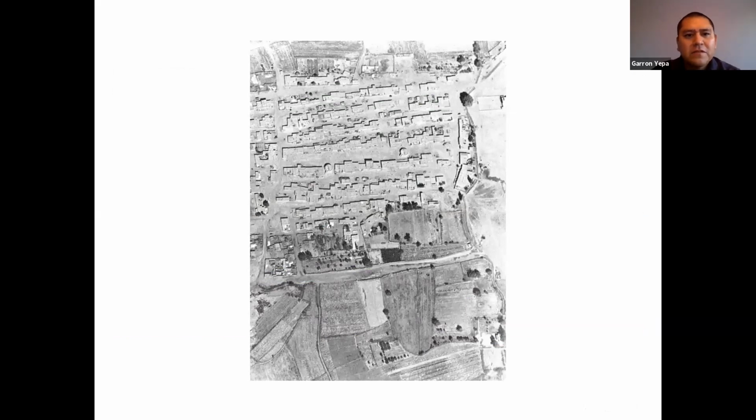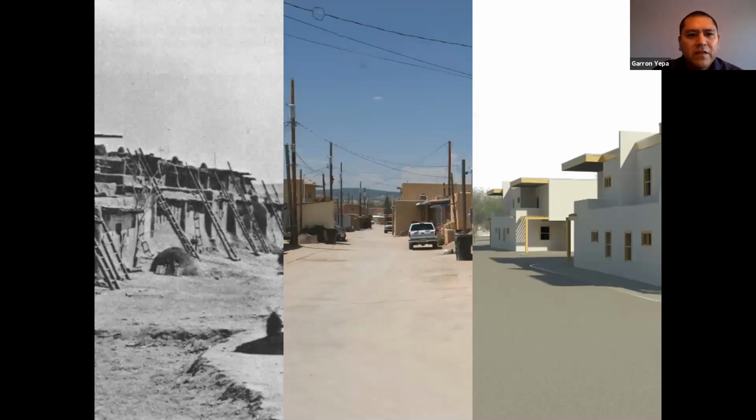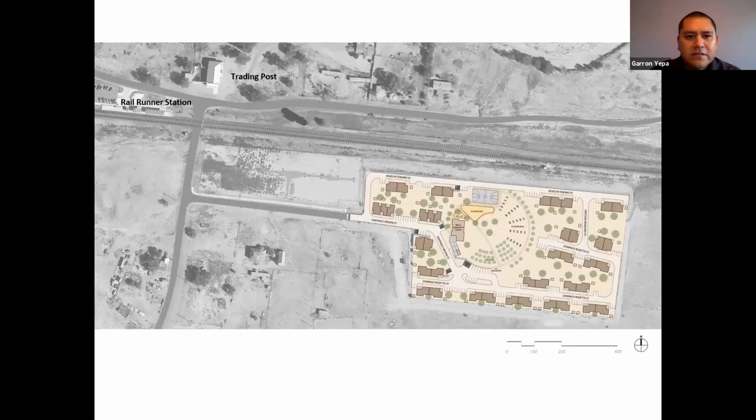So I want to go through this quickly. This is Santo Domingo again. This is some of the work that we've done there, past, present, and what we've designed. It's multifamily housing on new construction, really close to the Rail Runner, which is a commuter train from Santa Fe, south of Albuquerque. It's one of the few stops.